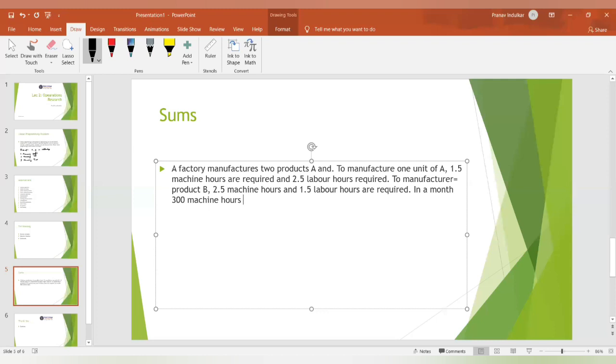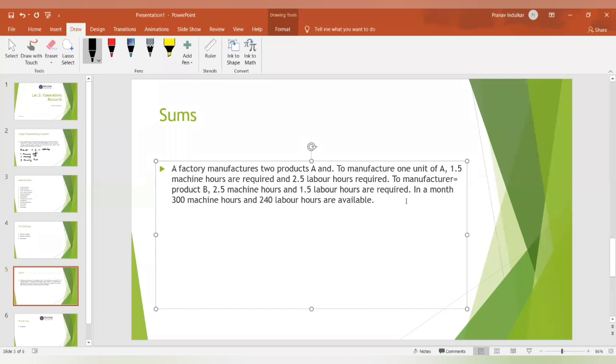What do you mean by this? 300 machine hours and 240 labor hours are available. एक महीने में 300 मशीन आवर्स और 240 लेबर आवर्स अवेलेबल रहेगा, मतलब लेबर कितना टाइम काम कर सकता है पूरे मंथ में?